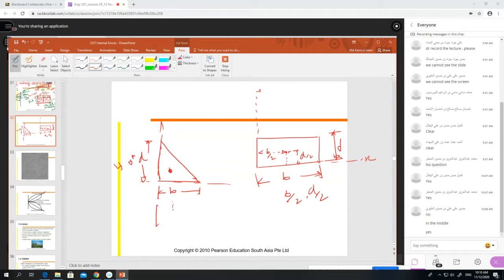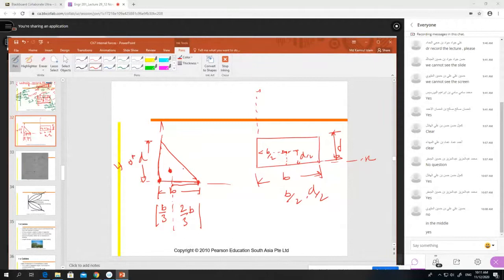Now remember, the center, measured from this point, called the base, is 1/3 of b, and from the other point it is 2/3 of b. Remember always.